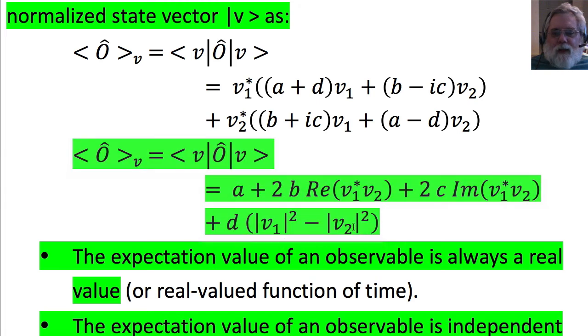D appears and it gets multiplied by the magnitude of V1 squared minus the magnitude of V2 squared, which means that if V1 and V2 had equal magnitude, this D component would go away. B gets multiplied by twice the real part of V1 star V2, and C gets multiplied by twice the imaginary part of V1 star V2. It looks complicated, but it has some useful properties for us.